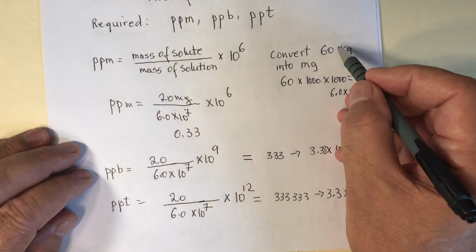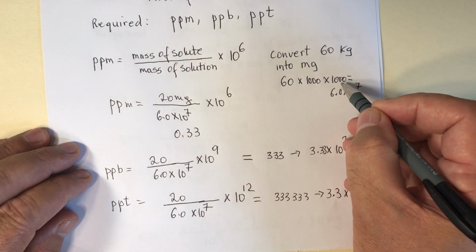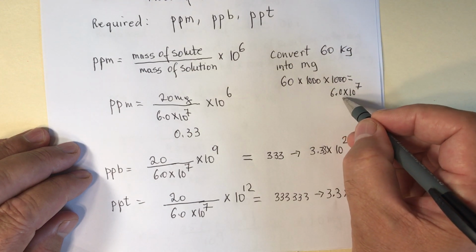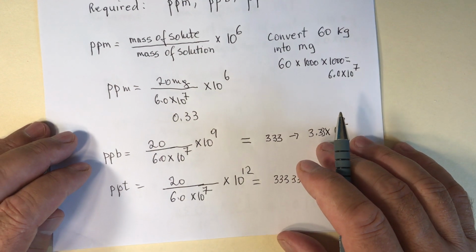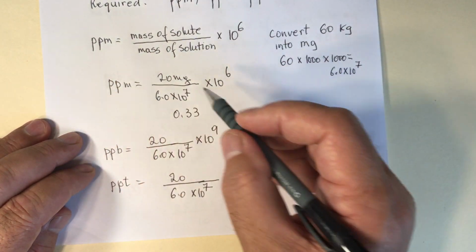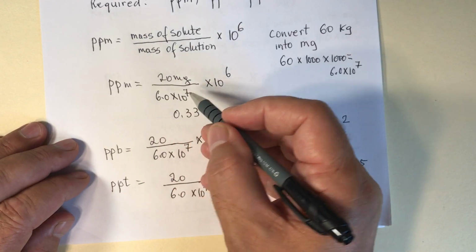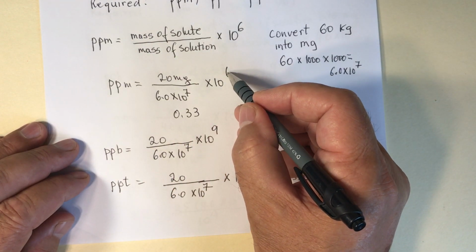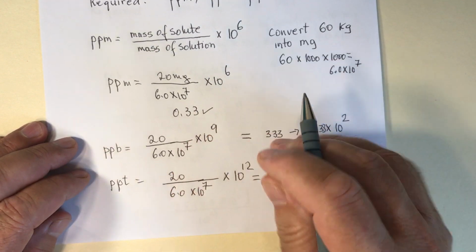Convert 60 kilograms into milligrams by multiplying by 1,000, then another 1,000, and you get 6.0 times 10 to the power of 7. That's the mass of solution. Parts per million now: 20 milligrams divided by 6.0 times 10 to the power of 7, times 10 to the power of 6. When you do the calculation, you get 0.33.